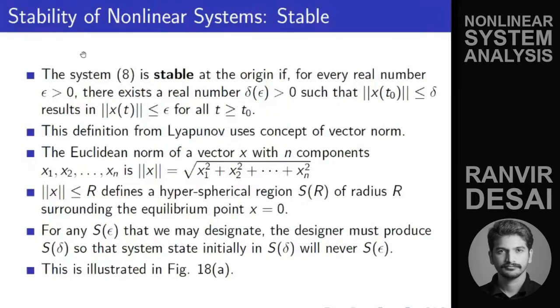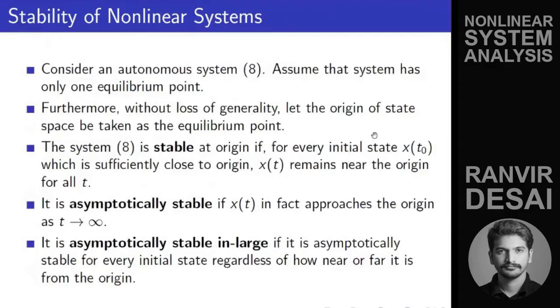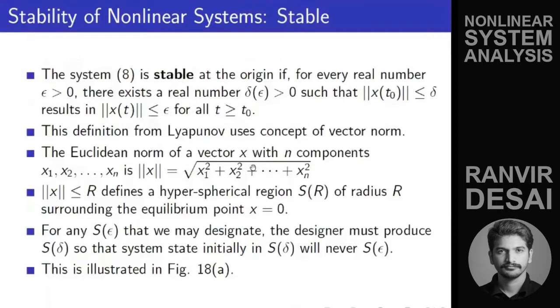See, the system is stable at origin if for every real number epsilon, there exists a real number delta, dependent on epsilon, such that x(t0) is bounded by delta, and x(t) will remain bounded by epsilon for all t. I'm just rewriting this sentence with some mathematical notations.